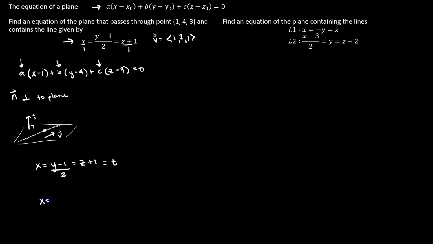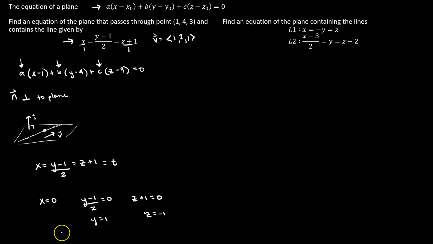One where x is equal to 0, one where y minus 1 over 2 is equal to 0, and one where z plus 1 is equal to 0. And there's nothing special about 0. I could have picked any number for t that I'd like. But I like 0. It's an easy number to work with. So I would get x equals 0, y would have to be equal to 1, and z would have to be equal to negative 1.